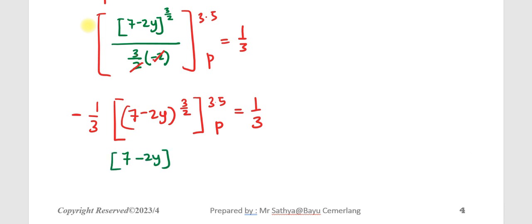Saya belum ganti lagi. Tak apa, relax dulu. 1/3. This negative 1/3 you bring here. So, di sini dia darab pergi sana, dia bahagi. Okay? Jadi, apa yang kita dapat? Negative 1 lah kan?